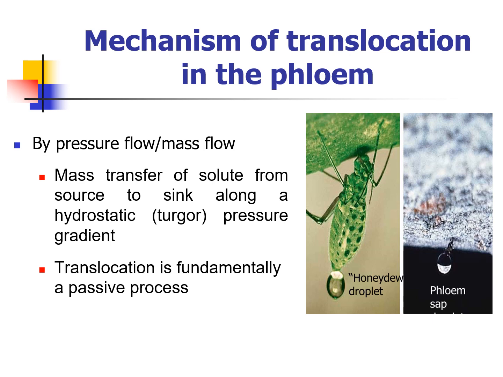That the sieve element is under pressure is also shown by the prolonged exudation of phloem sap from excised aphid stylets. The total volume of exudate may exceed the volume of an individual sieve tube by several thousand times.